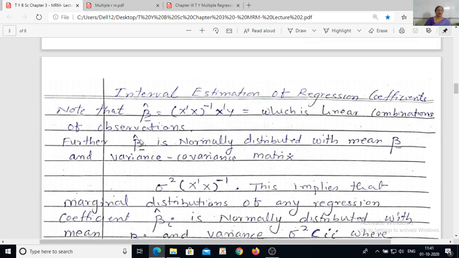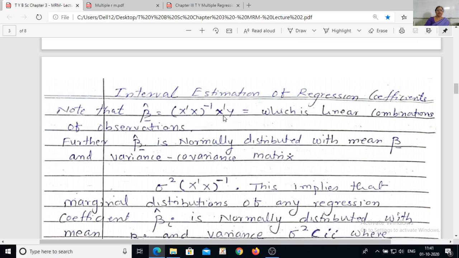Now we know that our beta cap, the estimated value of regression coefficients from the model, is (X'X) inverse X'y, which is a linear combination of observations of y. Because of the first assumptions, we noted that these X are constants and therefore treated as constant.